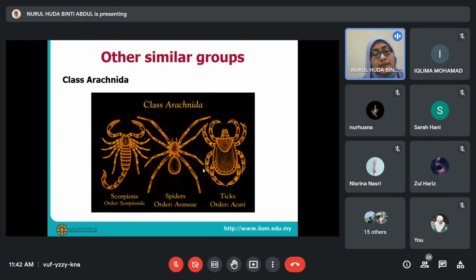The common example is spider, but here we also have a scorpion, and we will also cover later on in our class ticks or mites. This tick is actually in the group of mite, Acari. So we will see later on in our lecture about mites. So this mite is actually in the class of arachnid.